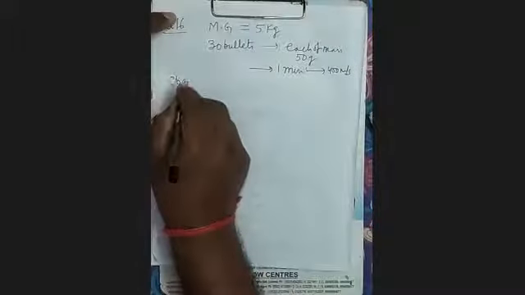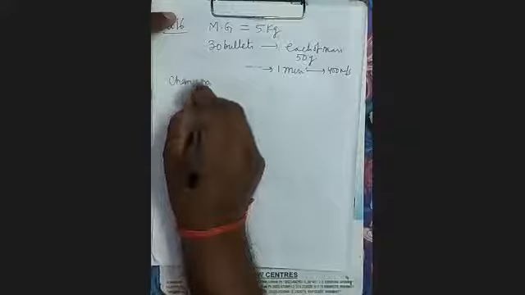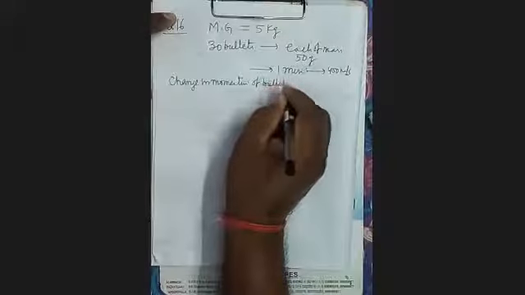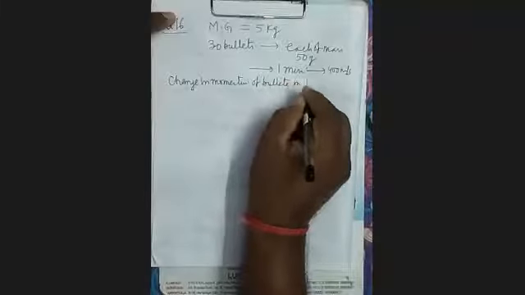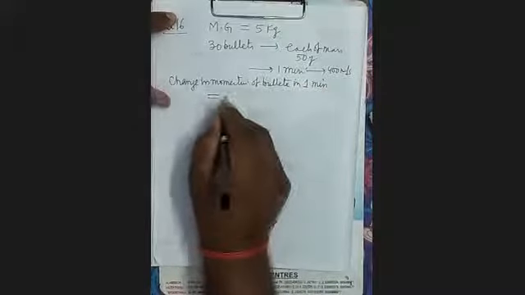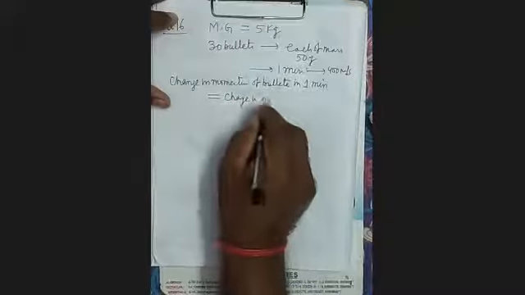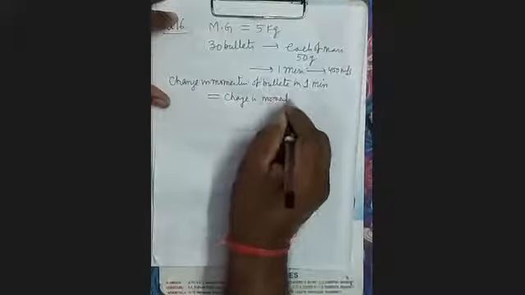So see here, first you find out the change in momentum of the bullet, in 1 minute. So it will be equal to change in momentum of bullet.